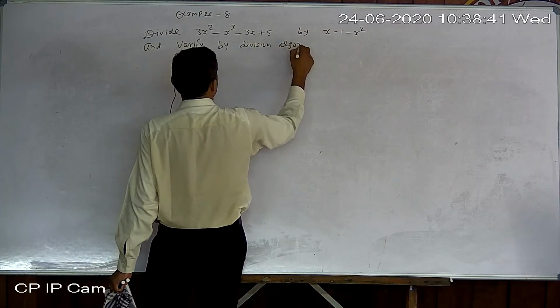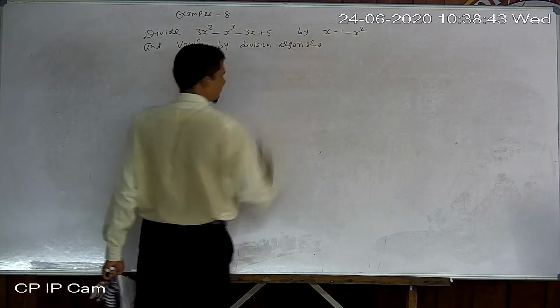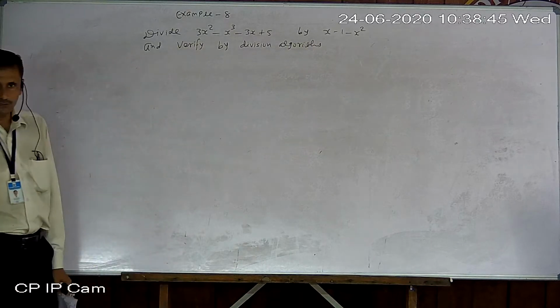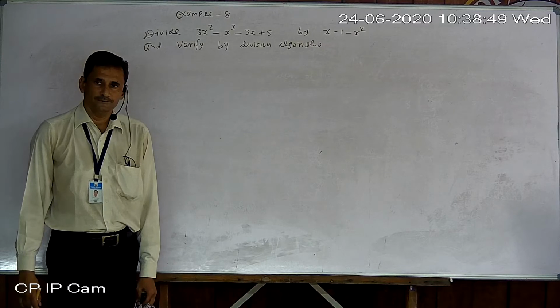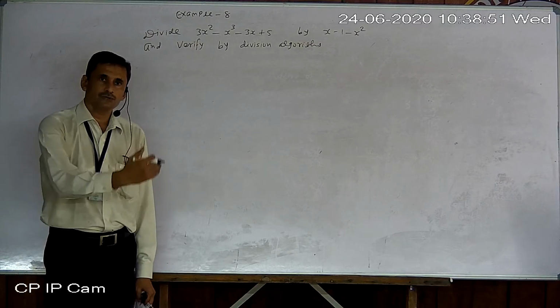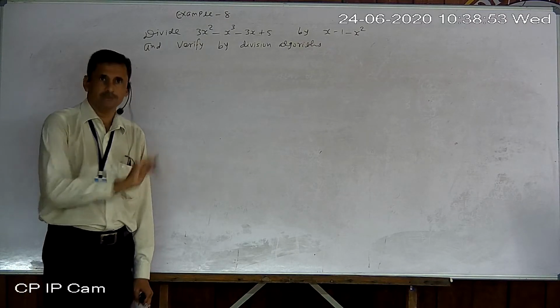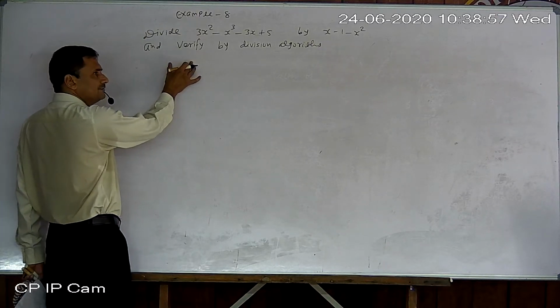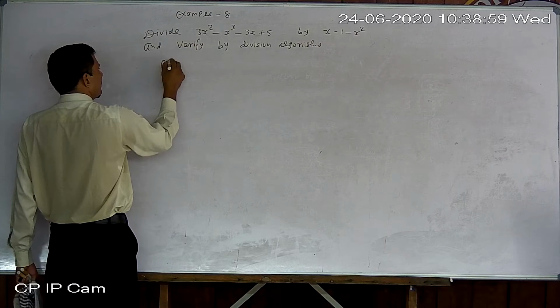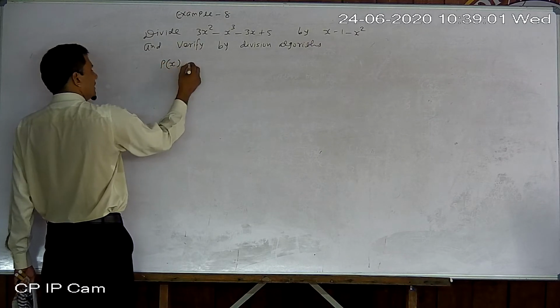Now what is the division algorithm? The division algorithm we already went through in lesson number 1. Dividend equals divisor into quotient plus remainder. Now in this lesson there are particular symbols. The dividend polynomial is always denoted by p of x.